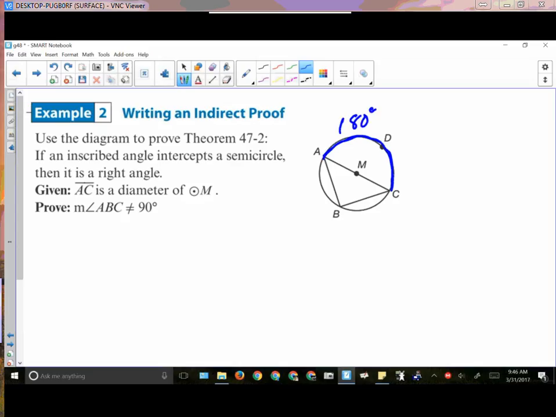Do we have a rule, a theorem, a definition, postulate, something that explains to us the relationship between an angle whose vertex is on the circle and goes out to the edges, like this?